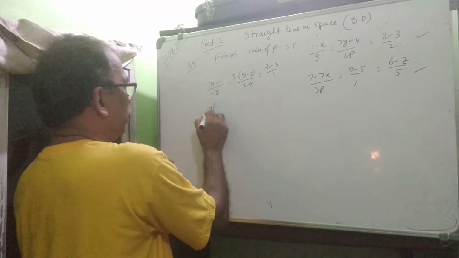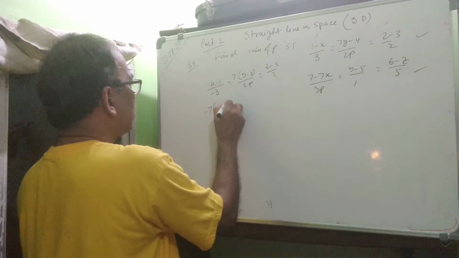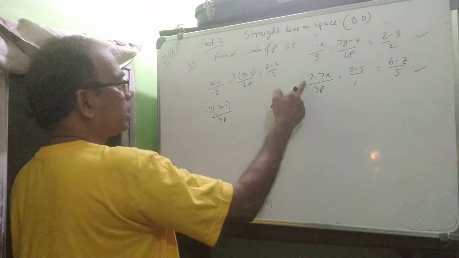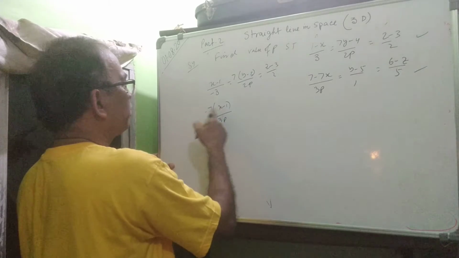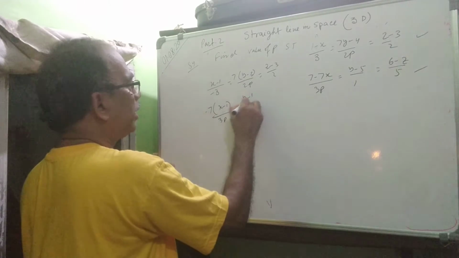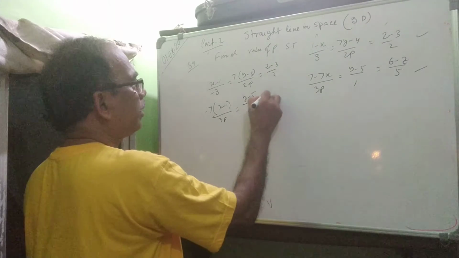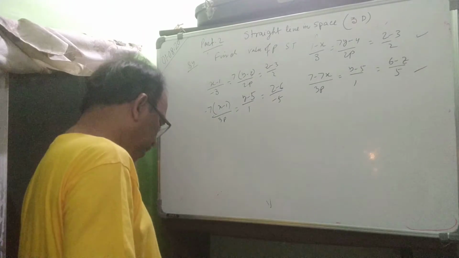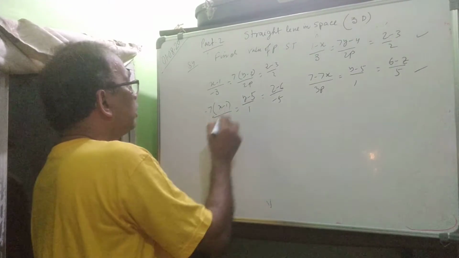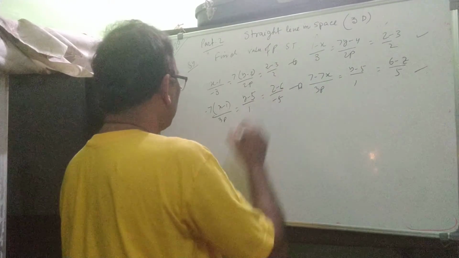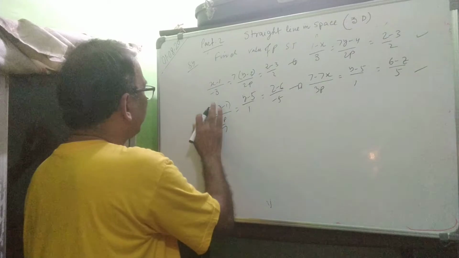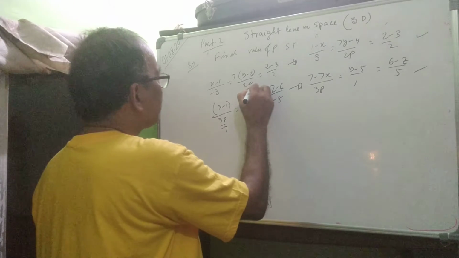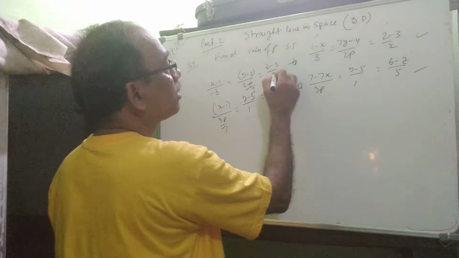For the second, minus 7 common, x minus 1 by 3p equals y minus 5 by 1 equals z minus 6 by minus 5. That is the standard form. This is equation number 1, this is equation number 2.